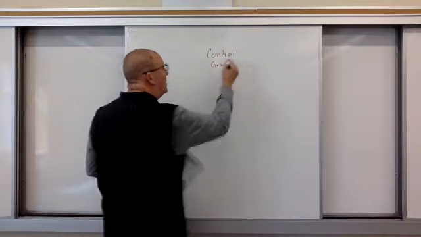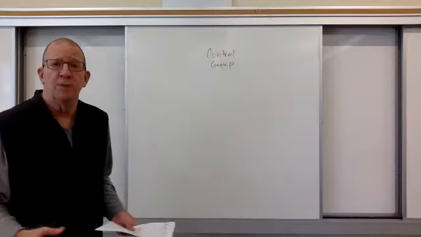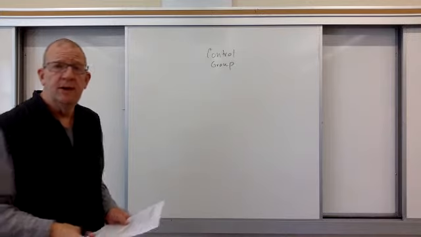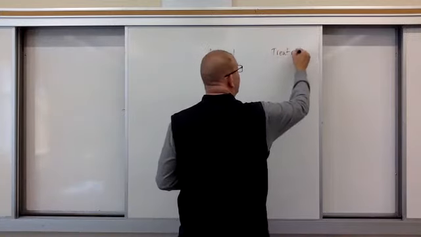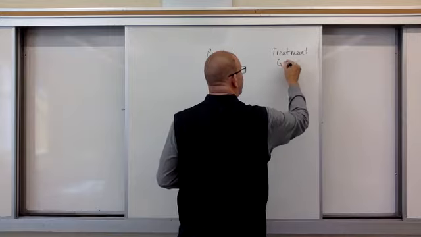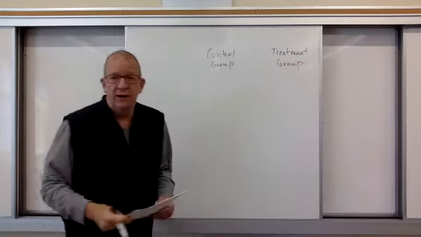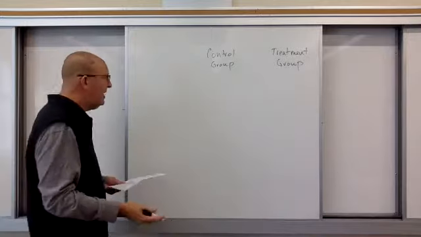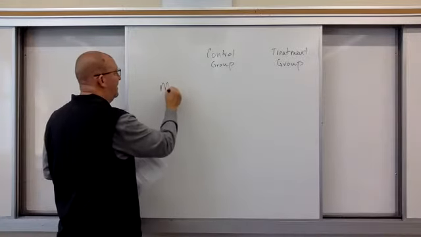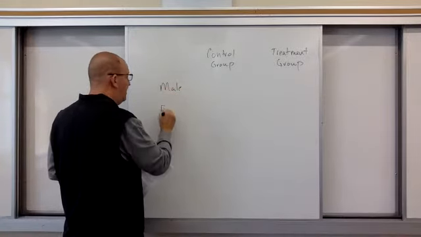In the control group, you basically give them a sugar pill, right? And then you have your treatment group, which is given whatever drug you're using, because what you want to see is, does your drug work? And again, we're going to ask people to identify as male or female.